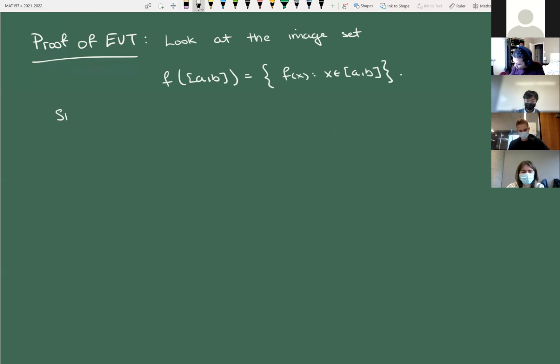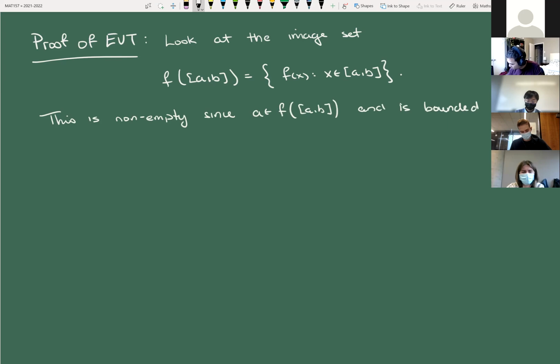Since A is clearly in here, this is not empty, and it is bounded from both above and below, so both its sup and inf exist.